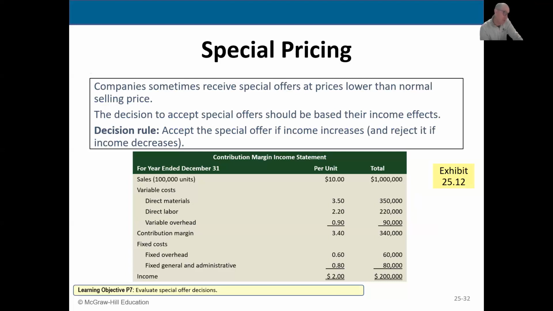Sometimes a manufacturer will do this. They'll have a special offer. Manufacturer comes in, says, hey, would you be willing to make this product for me at this particular price? And the decision is, if it increases my overall income, then yeah, I'll do it. If it doesn't, then no. That's the simplicity behind it.